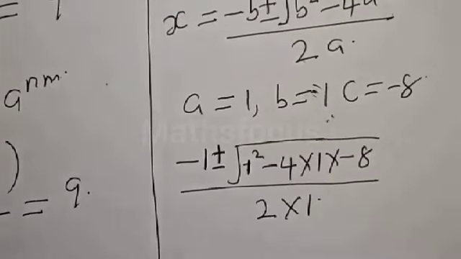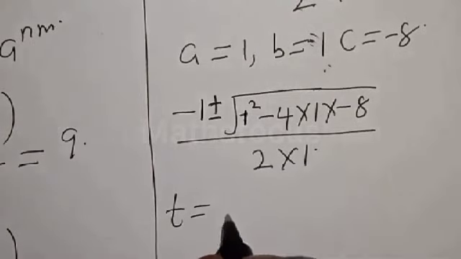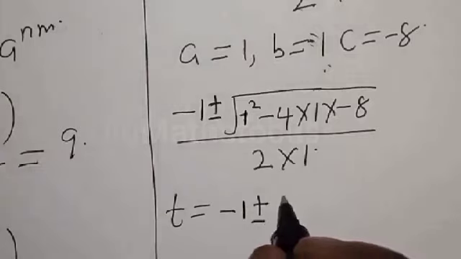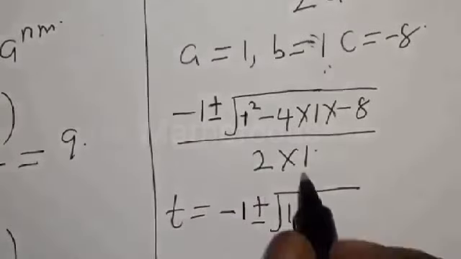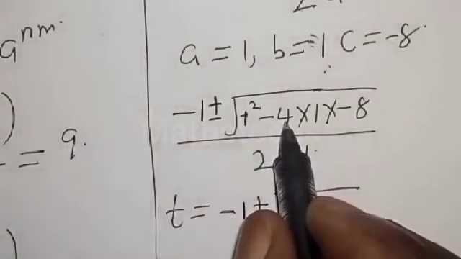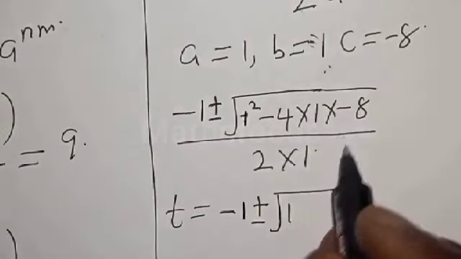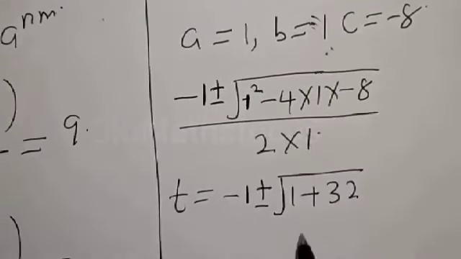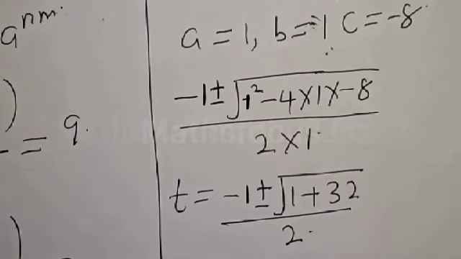Then remember, t is equal to minus 1 plus or minus square root of 1 squared is 1, then minus 4 times 1 times minus 8, that is plus 32, divided by 2 times 1, that is 2.